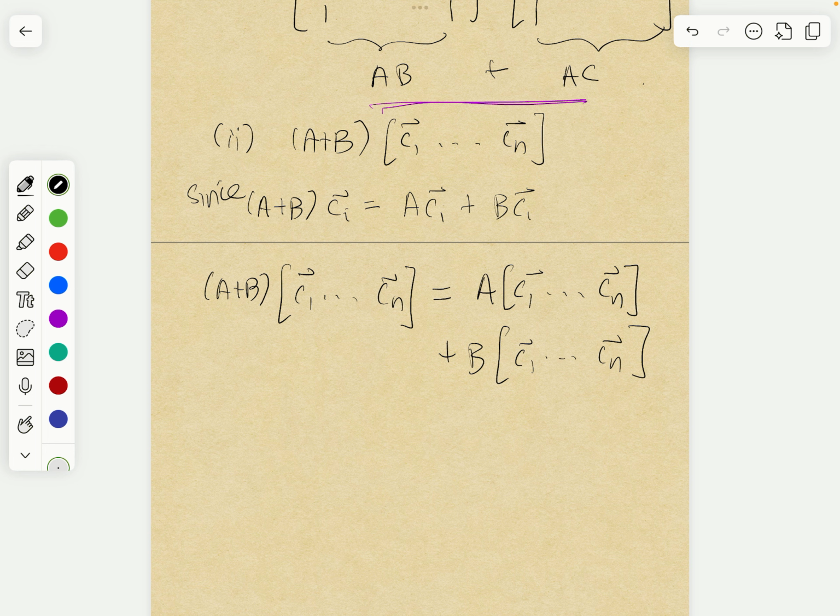Because if you just look at the ith column, on the left you're going to get (A plus B) in parentheses times Ci. On the right, you're going to get A times Ci plus B times Ci.